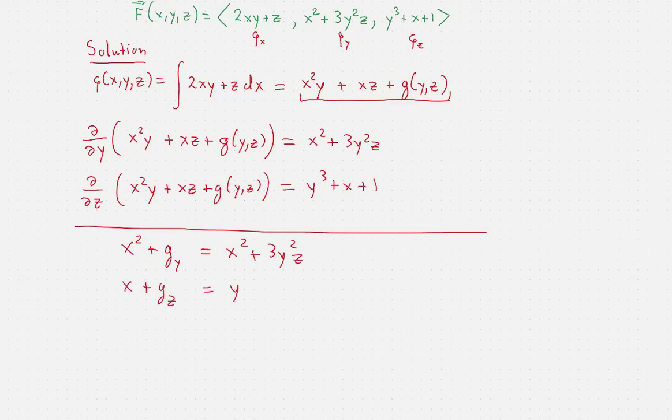And we have a cancellation here, and what cancels is exactly all the x's. And that is crucial, because we're looking for an expression of y and z, that would be the function g. And eventually what we get is the following system. g sub y is 3y squared z, and g sub z is equal to y cubed plus 1.